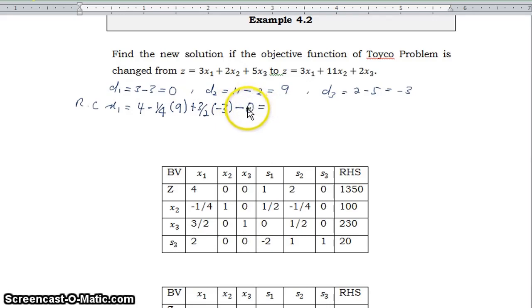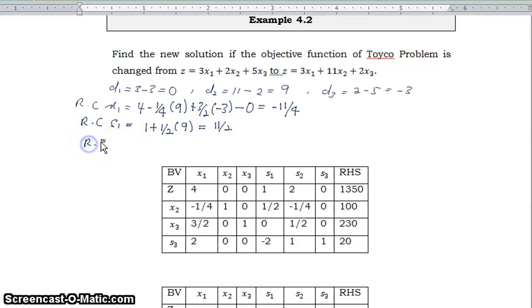So we get the coefficient of X1 is negative 11 over 4. And the reduced cost for S1 is 1 plus 1 over 2 times D2, 9. So we get 11 over 2.